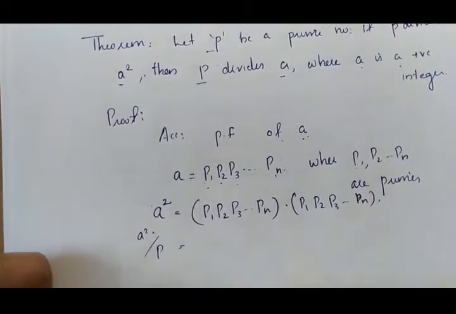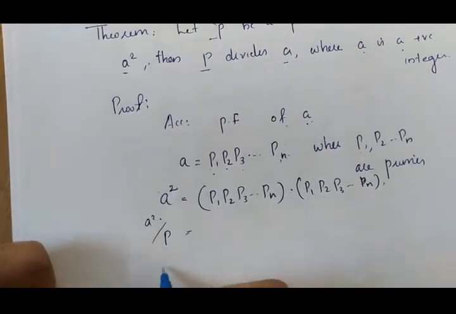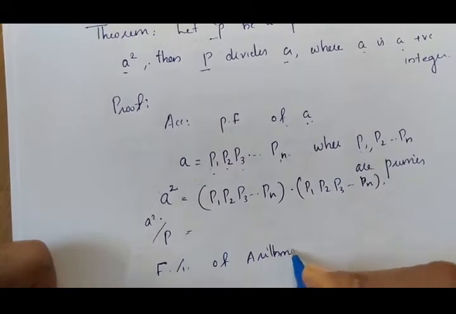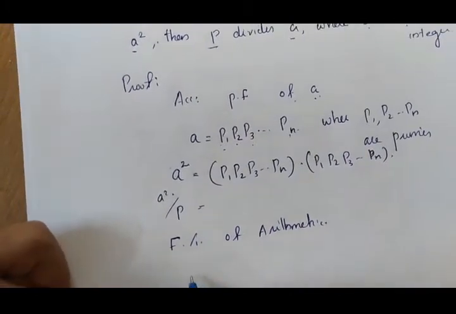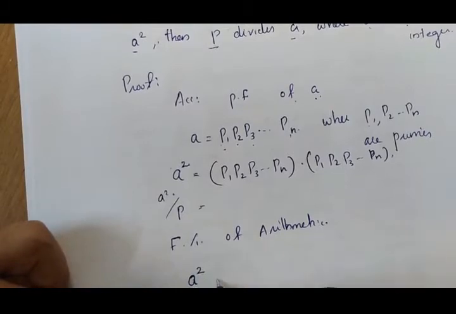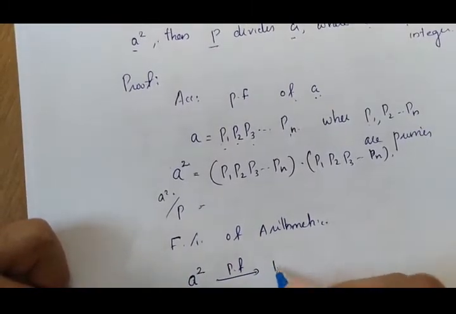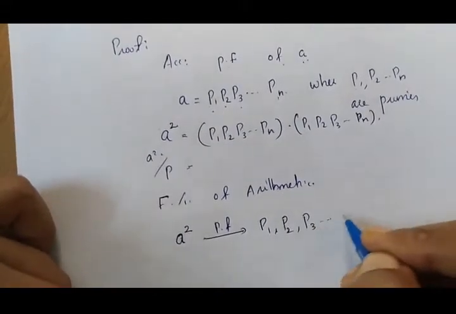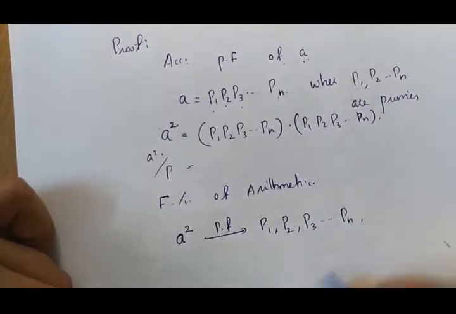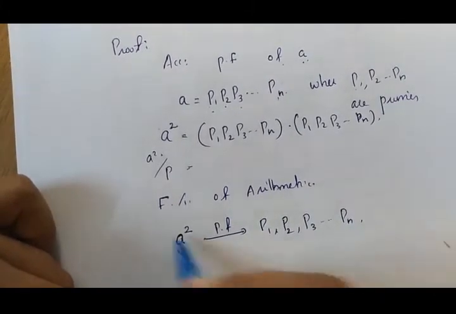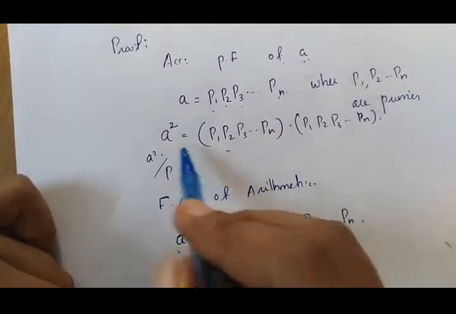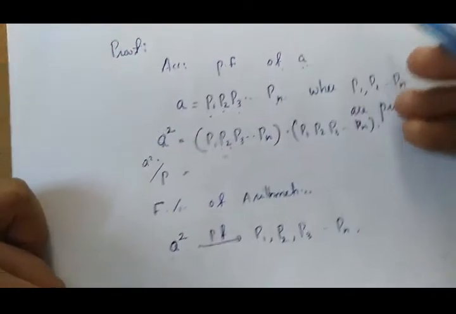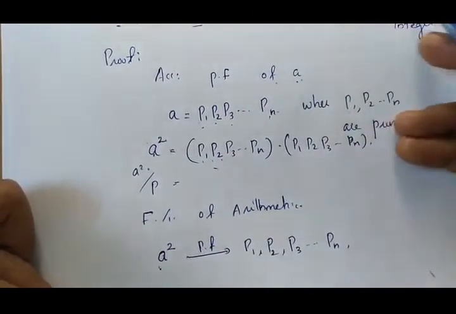According to the fundamental theorem of arithmetic, we can say that A square has prime factors P1, P2, P3, etc. up to Pn, because A square is composed of the prime factors P1, P2, P3, etc. Pn. But from the theorem, it is saying that P divides A square.